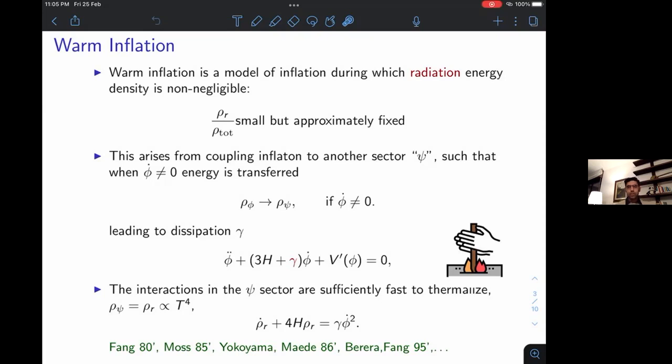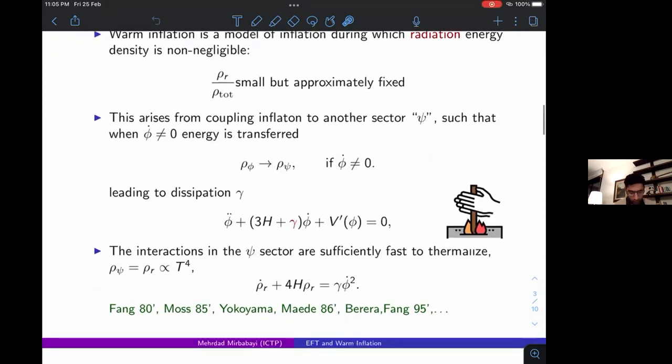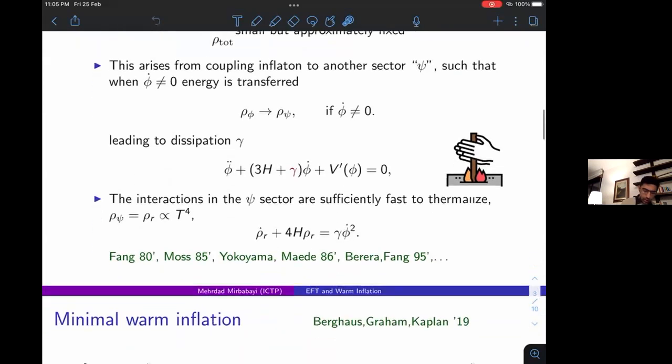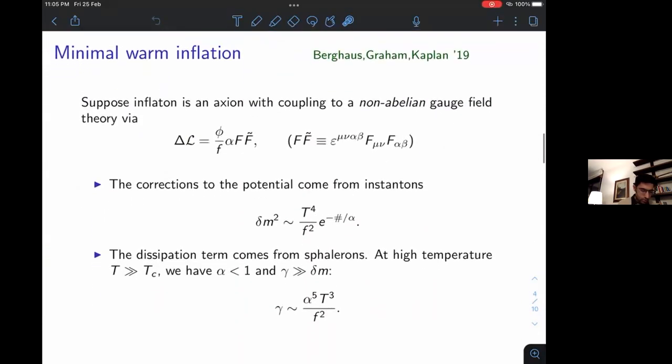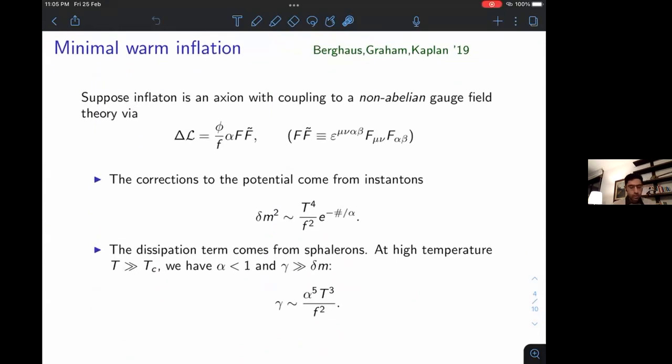So it seems that it requires fine tuning, or it is not natural to have warm inflation. This problem was recently solved, or there was a proposal that was very nice from this perspective, because it did not suffer from this issue.